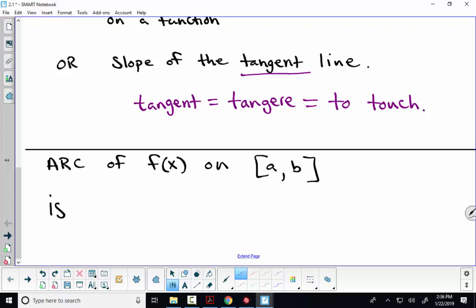How do we define the average rate of change? Right. Remember, it's just the change in the function value, f of b minus f of a, the change in the y value over the change in x.